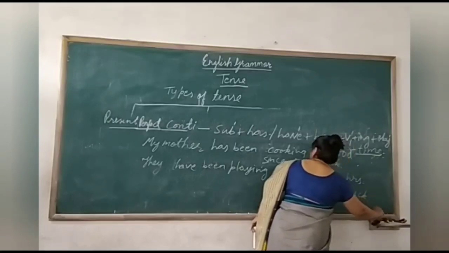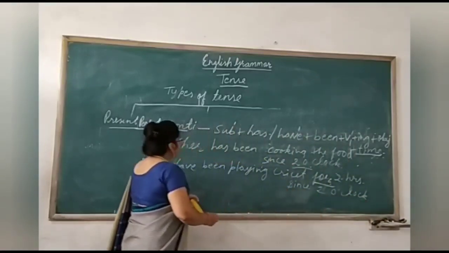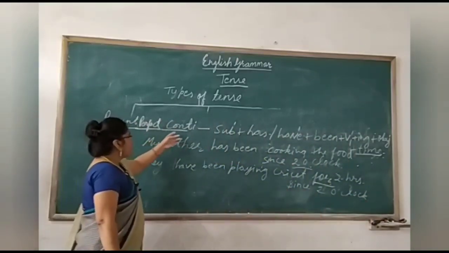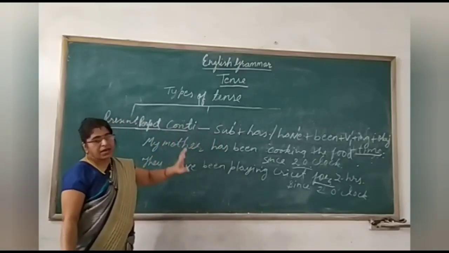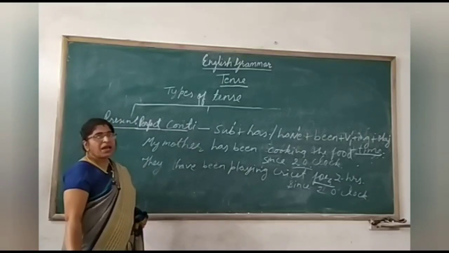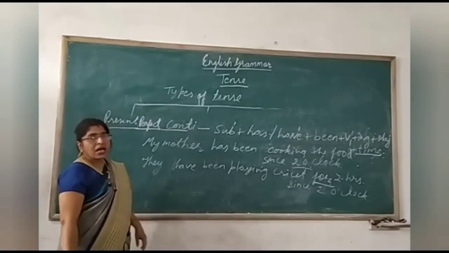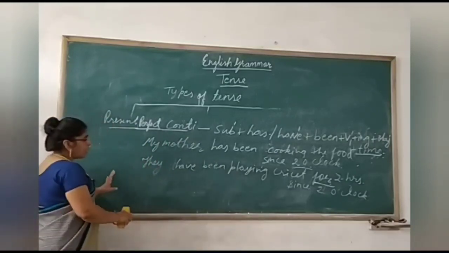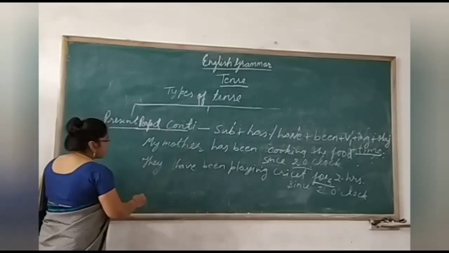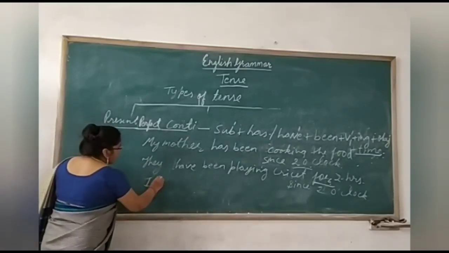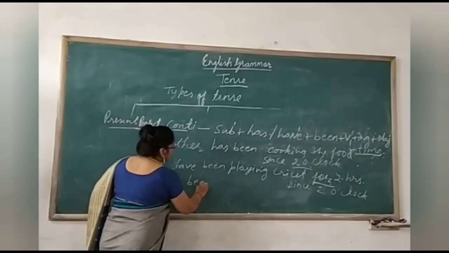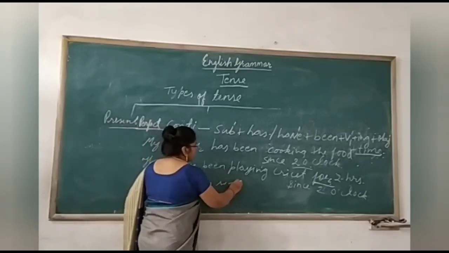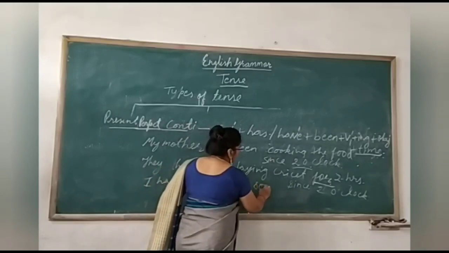So this way you can form many sentences with the structure. The structure should be memorized, children. If you don't remember the structure, you can't do anything. So here the things are clear. Let me take one more example. I have been singing a song.